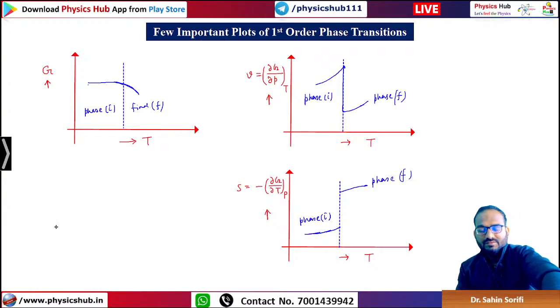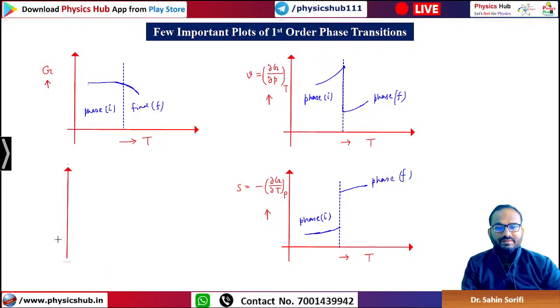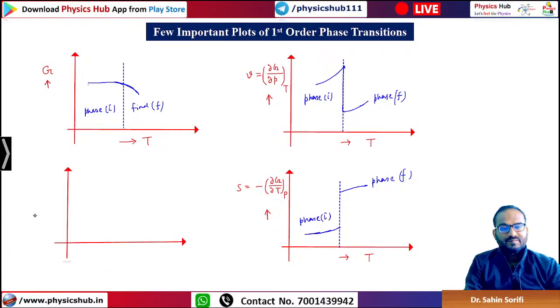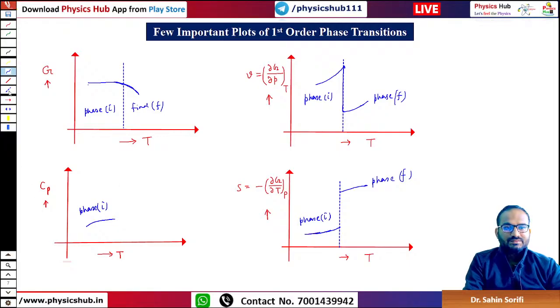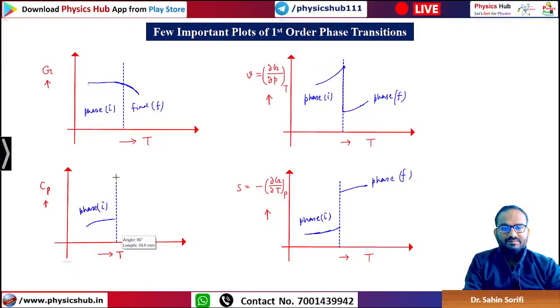The specific heat at constant pressure goes to infinity in this type of phase transition. If we draw the variation of Cp with respect to temperature, this is all first order phase transition plotting. The initial phase will vary like this, phase I, and at the transition temperature it goes to infinity.